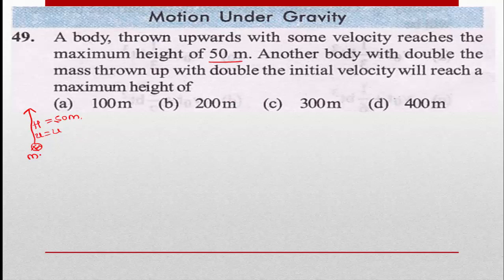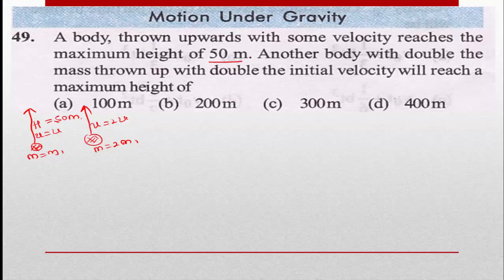And another body with double the mass, here the mass is m2 equal to 2 times m1, with the initial velocity also double. Here also u is equal to 2u.